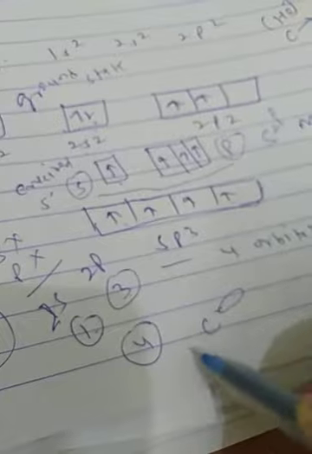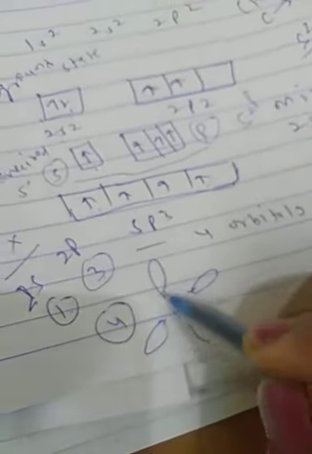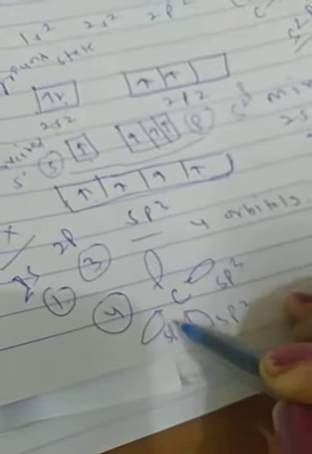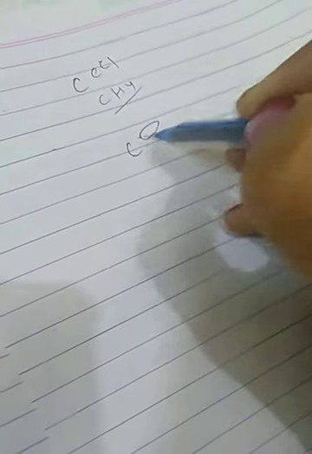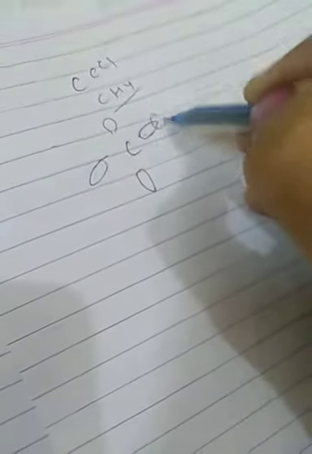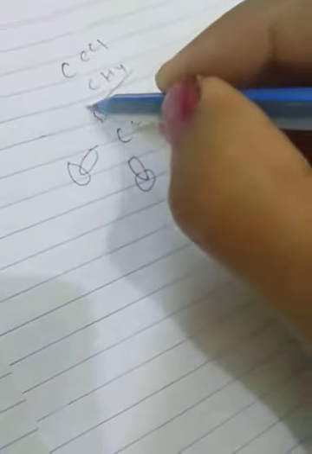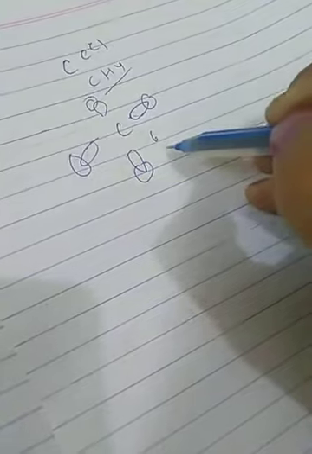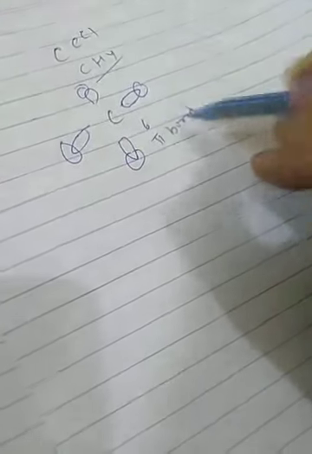Each carbon has this, and this is called an sp3 hybrid orbital. Now one example I want to tell you: in methane. Any hybridization, CCl4 or CH4, carbon hybridizes like that and combines like that, and they will form sigma bonds. Okay, all the bonds are sigma bonds.